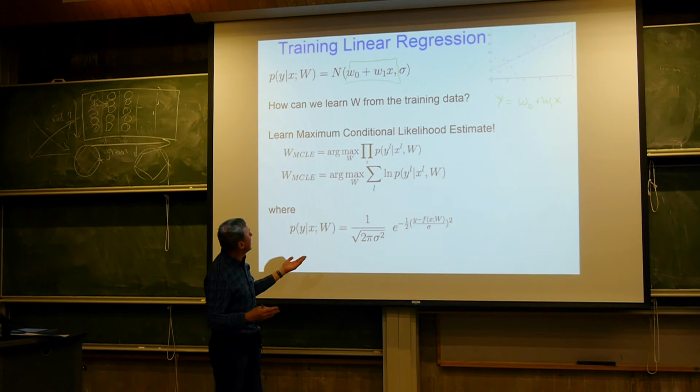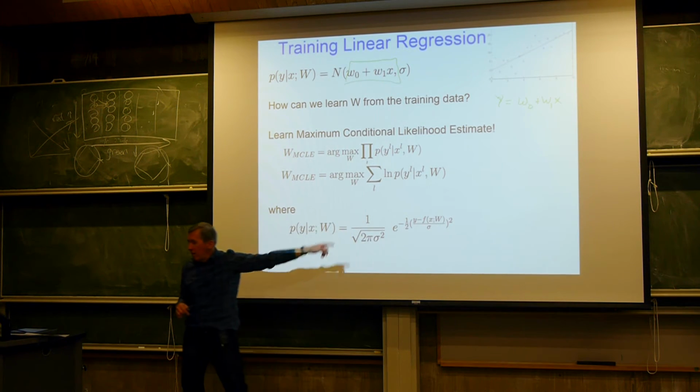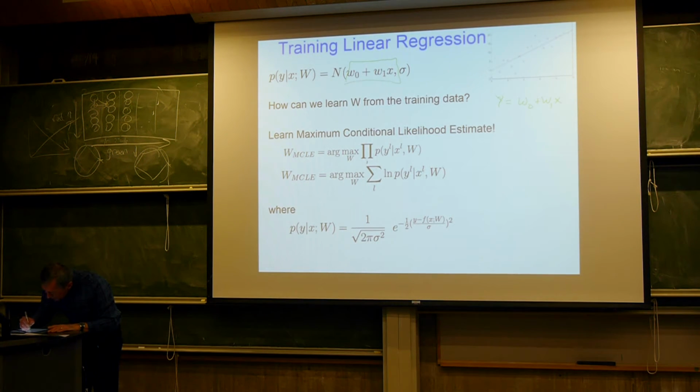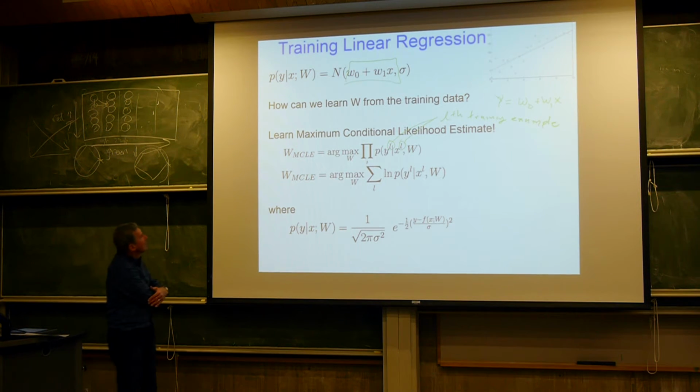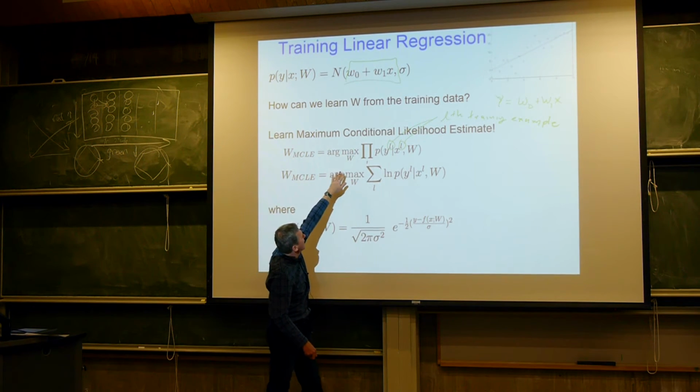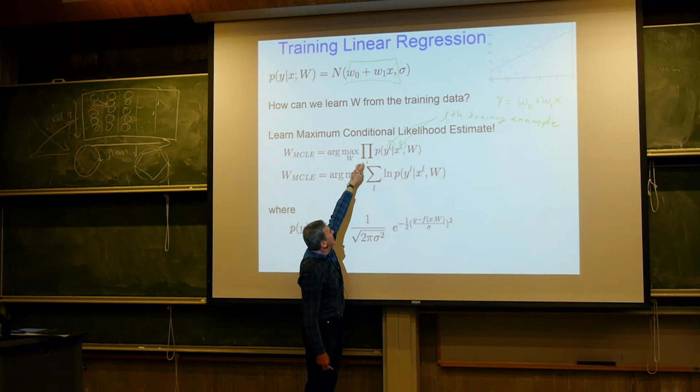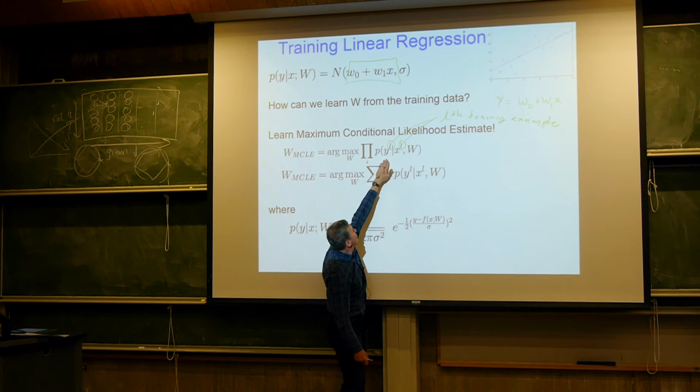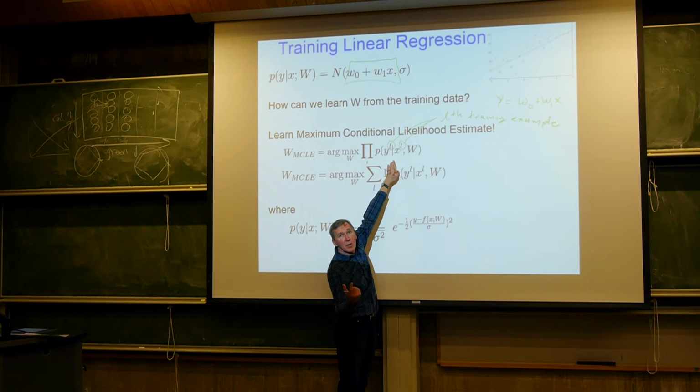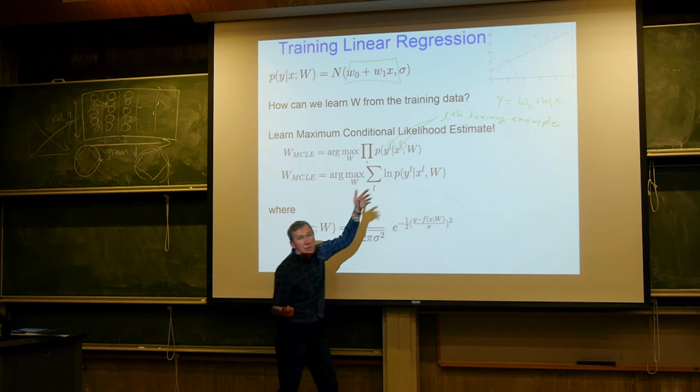If I'm given a set of training examples where I use L to refer to the Lth training example, that's what that superscript means, then the formula for the conditional likelihood is simply the product over all my training examples of the probability of that observed y value on the Lth training example given the x that I observe, and whatever weights w I have.